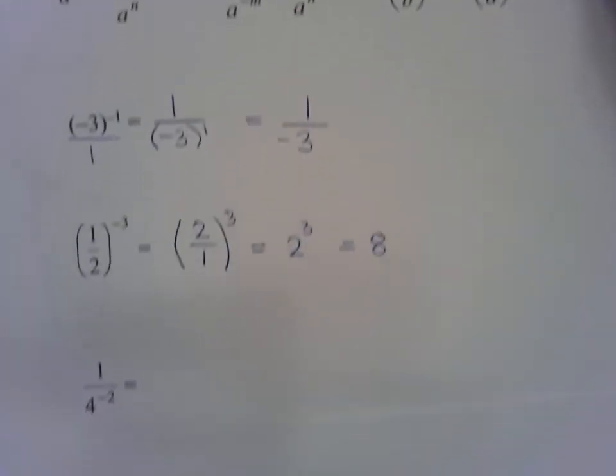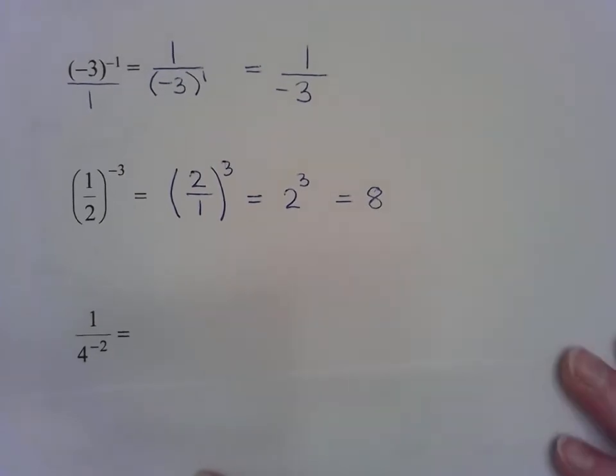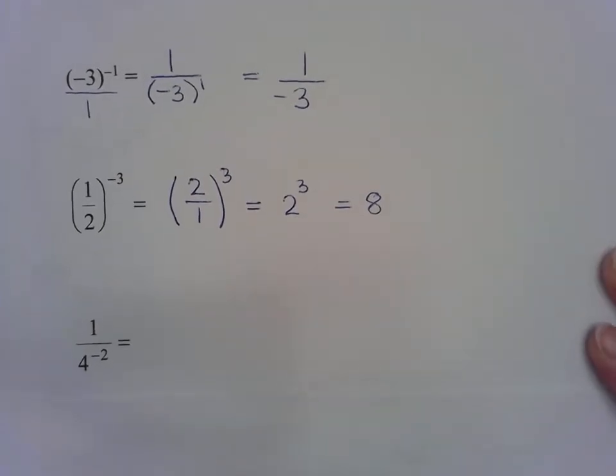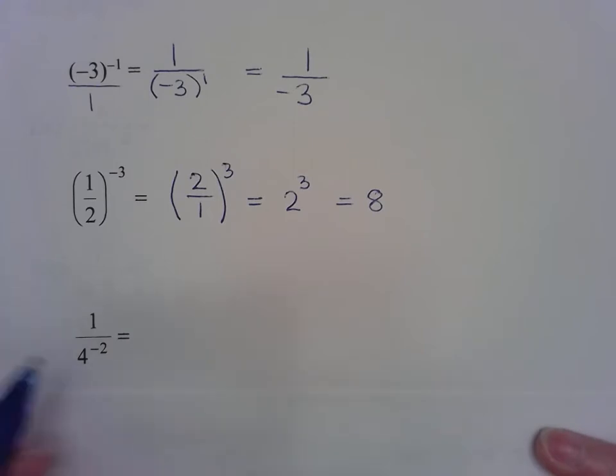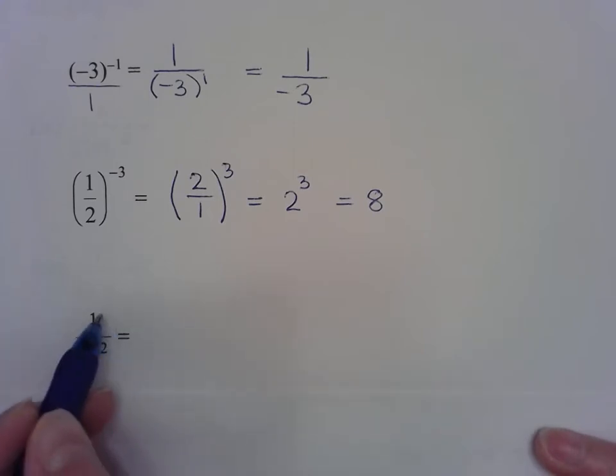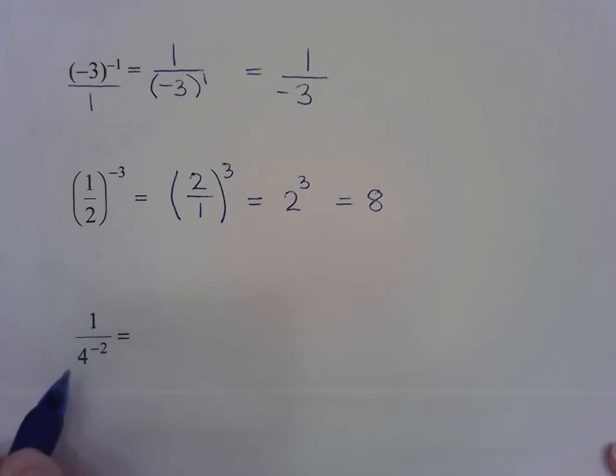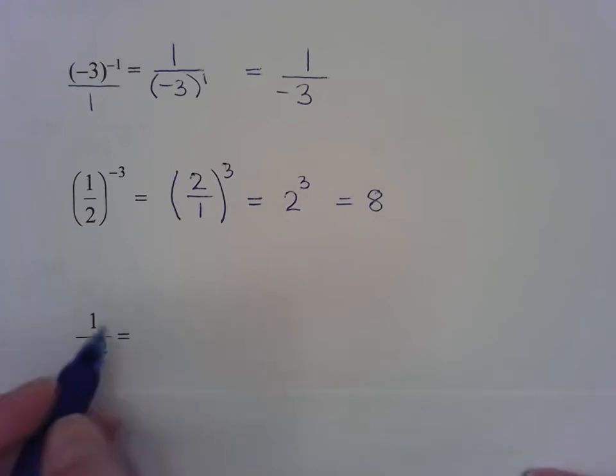Okay, and then if I have a negative exponent in the denominator, it's going to move what I have up to the numerator, right? This really is like 1 divided by 4 to the -2, right? It's like a complex fraction. So it's going to flip it up to the top.